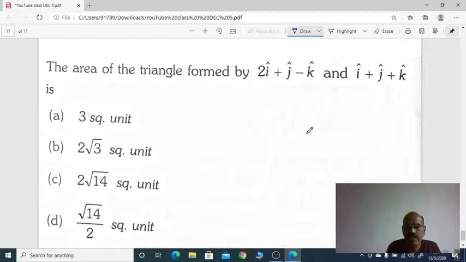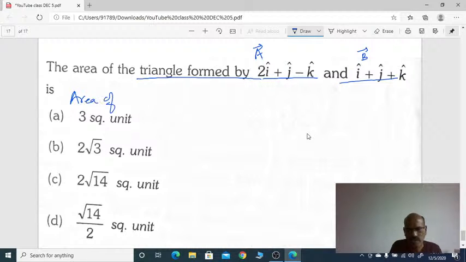Now the area of triangle formed by 2 i cap plus j cap minus k cap and i cap plus j cap plus k cap, the area of triangle formed by the two vectors is given. You take it as a vector like a length and breadth, that's it. This is B vector, take it. Question is area of triangle. So area of triangle equal to, we know, half into base into height you will say.